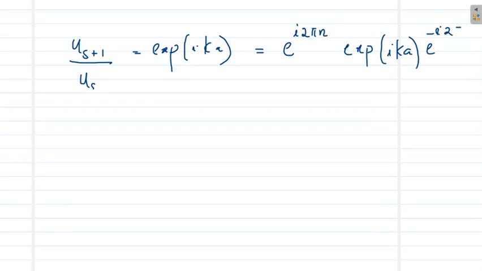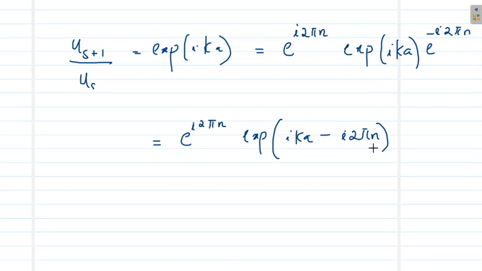I have divided and multiplied with e raised to i 2 pi n. Now let me change this: e raised to i 2 pi n into exponential i(Ka minus 2 pi n). So this is equal to e raised to i 2 pi n into exponential i times (K minus 2n pi by a) multiplied by a.